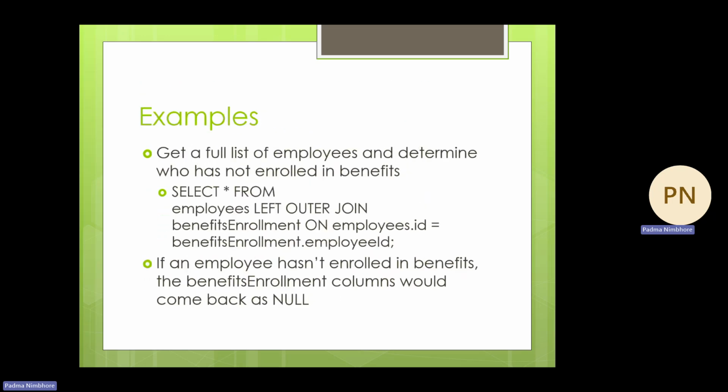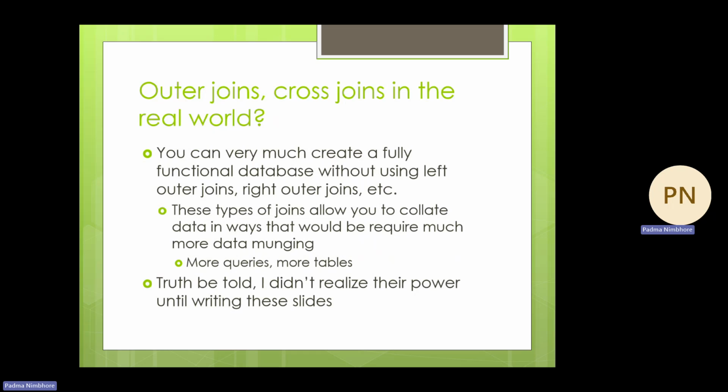And then, this outer join with the cross join in the real world, what kind of information does it relate with? It relates to a fully functional database without using the left outer join and right outer join. These types of joins allow you to collate the data in the way that would be required for much more data mining.